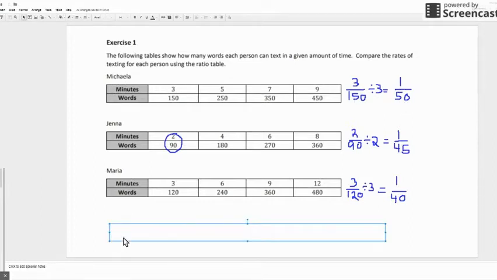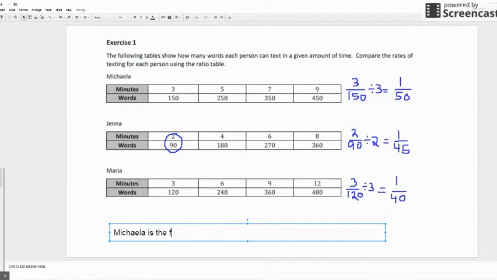So let's go ahead and start writing our statement and answer the question. The question is to compare the rates of texting of each person, so we're going to compare them to each other. Michaela, so let's start it off.